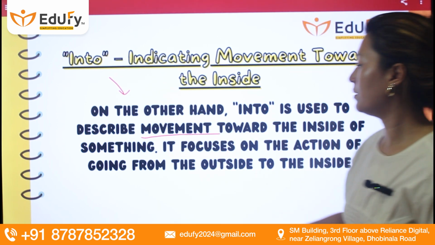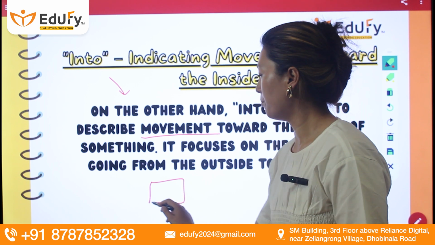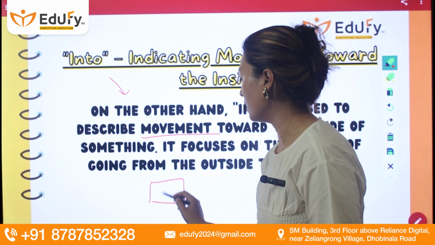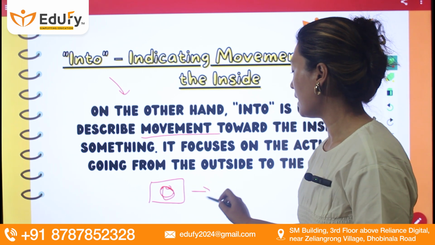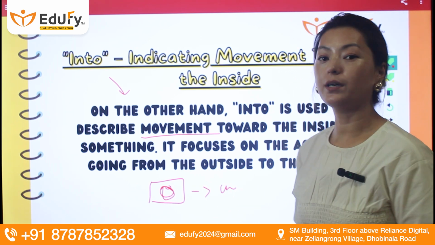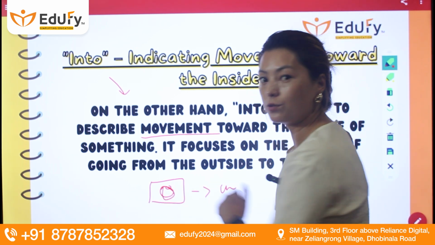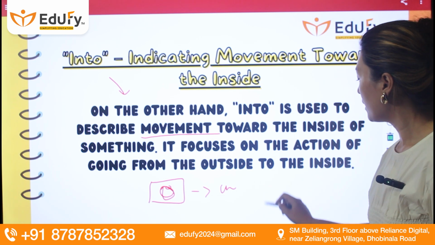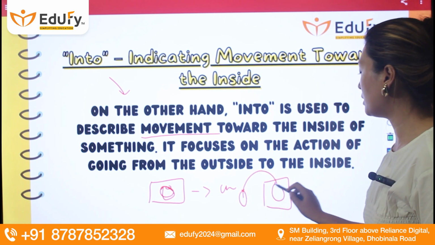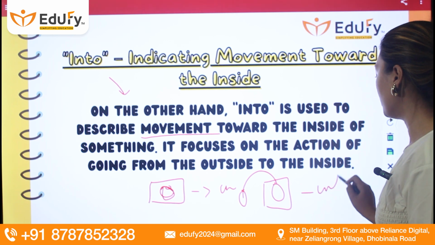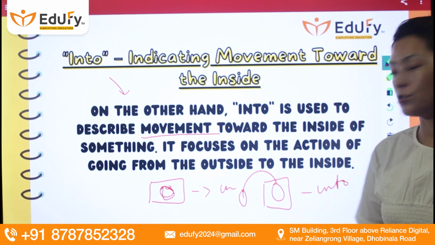So for example, let's say this is a box and you have a ball inside the box. Now I will have to use the word in because it is inside an enclosed space. However, if the ball has moved from this space to this space, then I will have to use the preposition into.